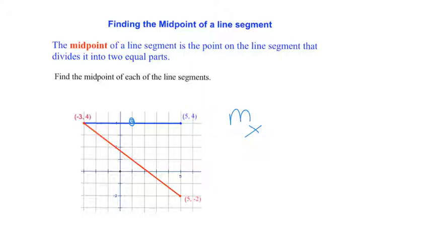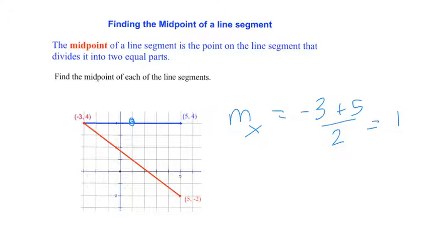So the x-coordinate is -3 plus 5 divided by 2 equals 1. Okay, so that's why the point that I've drawn here has an x value of 1. The y value is 4, which kind of makes sense because the two ends of the line segment both have a y-coordinate of 4.